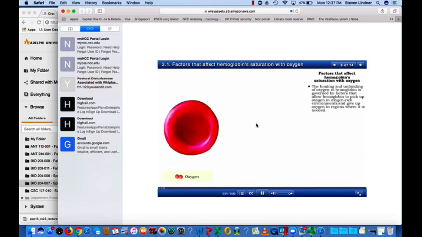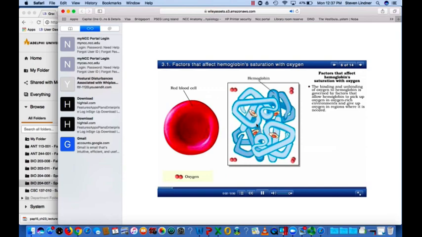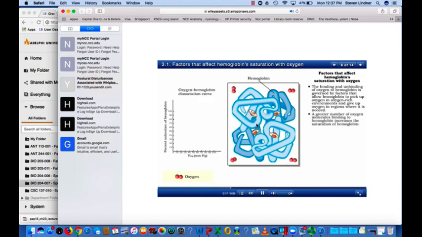The loading and unloading of oxygen to hemoglobin is governed by factors that allow hemoglobin to pick up oxygen in oxygen-rich environments and give up oxygen in regions where it is needed. The more oxygen molecules binding to hemoglobin, the higher its saturation.